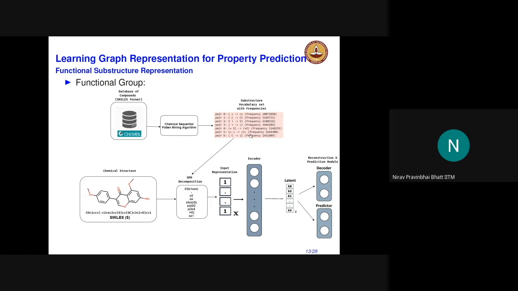Then what we did is, we used this substructure to represent a chemical structure, or a SMILES, of a particular molecule. For example, in this particular case, this is a SMILES, and we see that this is a repeating substructure, and this is a repeating substructure.